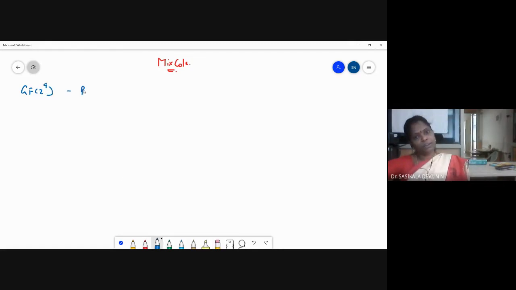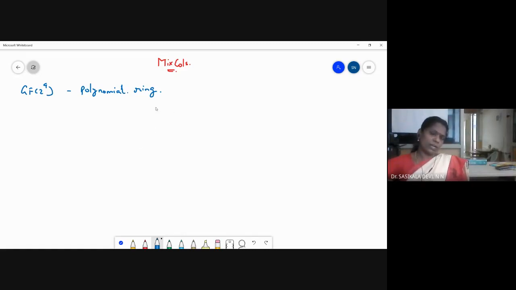What is actually a polynomial ring? The coefficient reduction should be over GF of 2 power 8. The entire polynomial ring reduction should be over GF of 2 power 4. That example we did already.